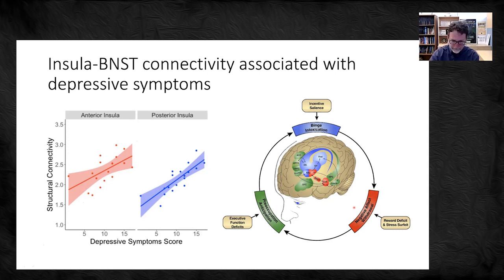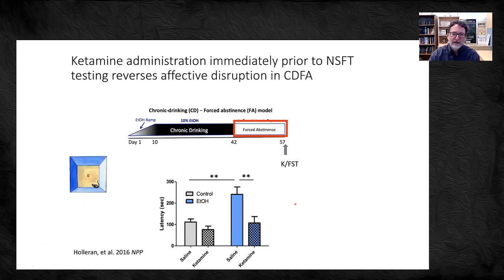And so we began by utilizing the commonly explored novel antidepressant ketamine, which is now widely explored both at the animal model level and in humans for its novel actions as an antidepressant. And we examined the impact of acute ketamine administration on both the forced swim test behavior that emerges during forced abstinence and on the novelty suppressed feeding task behavior.